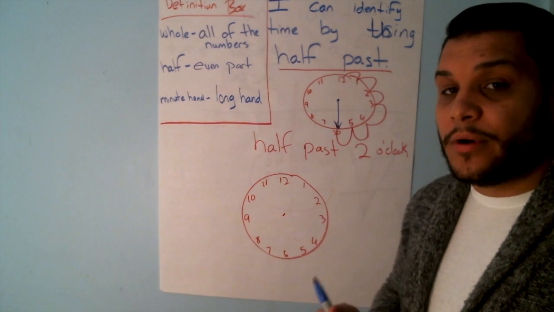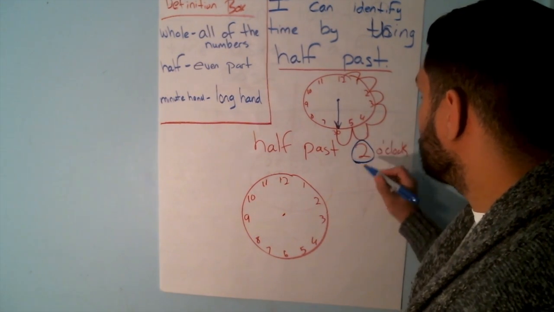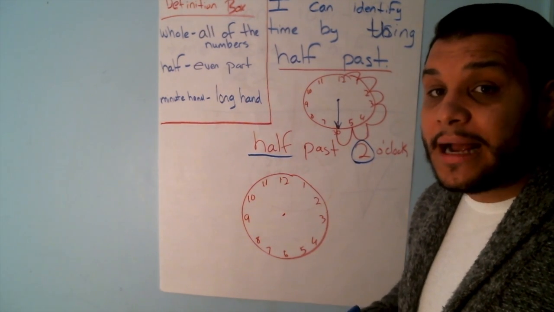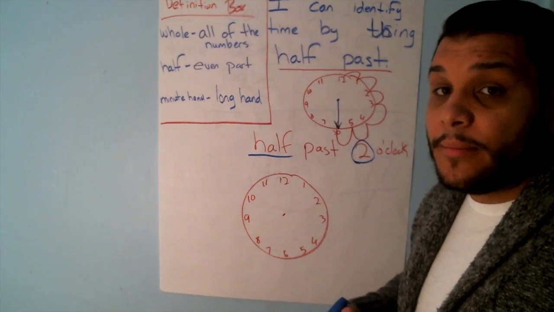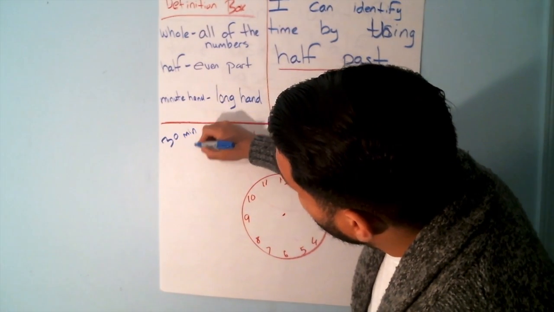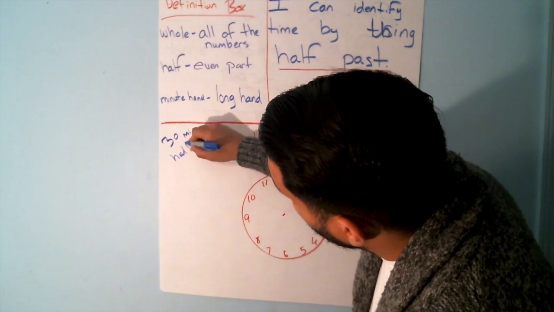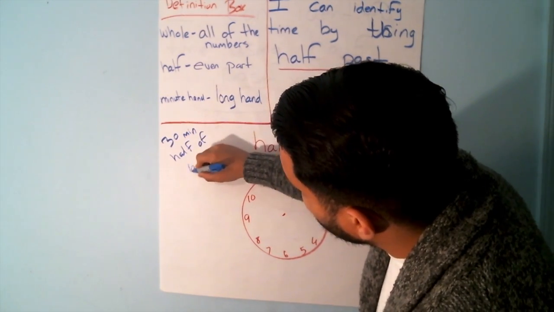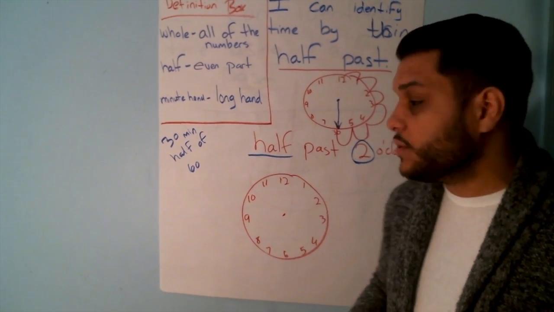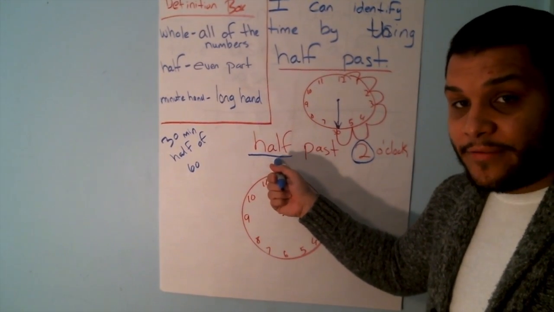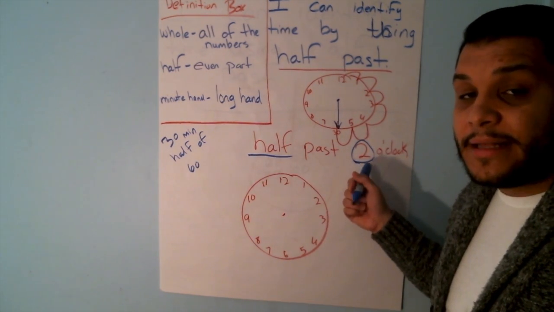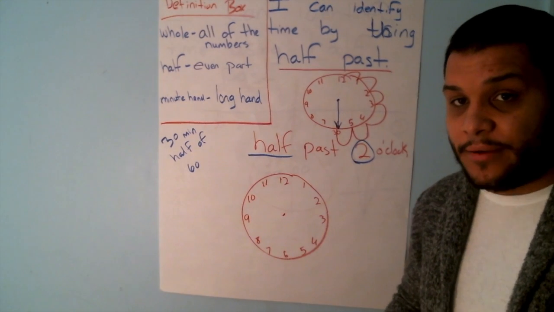So my hour, I know, is 2. Because I see the word half, I know that I have to go to the 30-minute mark because we said that 30 minutes is half of 60. So I want to break that down for my friends who may be a little confused. Whenever I see half, if I'm talking about half to a full hour, that means that I want half of the next hour.